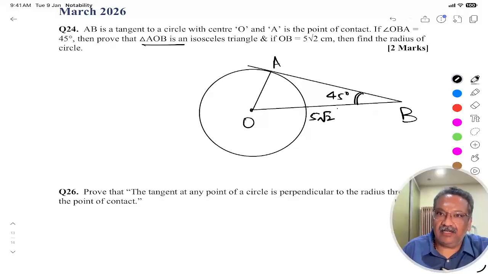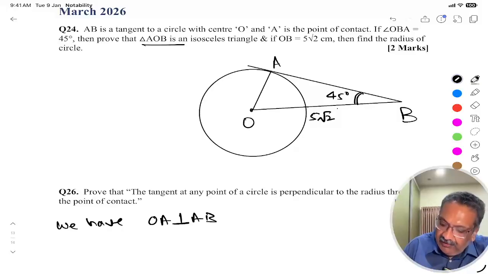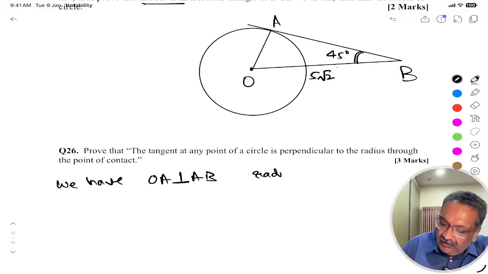In an isosceles triangle, two sides are equal, or if two angles are equal, the sides opposite to the angles are equal. So let's find all the different angles. OA is perpendicular to AB because radius is perpendicular to tangent at point of contact, first theorem.